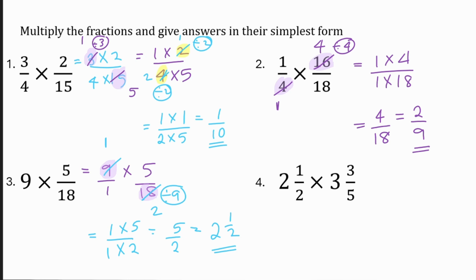For the last one, number 4, I've got 2 mixed numbers, which means I first have to convert these into improper fractions. So 2 and 1/2 will be 5 over 2, and 3 and 3/5 can be written as 18 over 5. Now, checking to simplify before I multiply, I have got 5 and 5, and they have a common factor of 5, so I'm going to divide these by 5. 5 divided by 5 is 1.